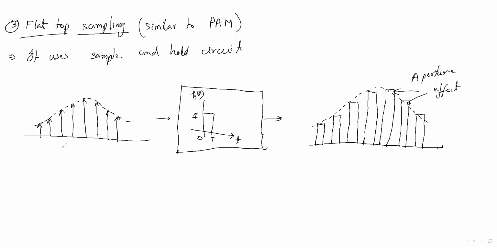So what would be the input? The input is the impulse sampled signal. What will be the output? It is nothing but the flat top sampled signal.